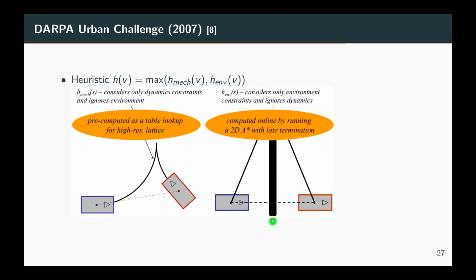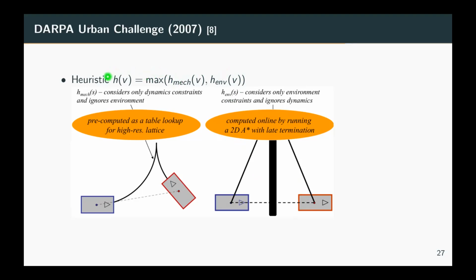So for example, if you have this wall in between, then you know that this very simple heuristic of just shortest Euclidean distance is bad. So you can first compute the shortest path in the Euclidean space and then use that as the minimum distance.